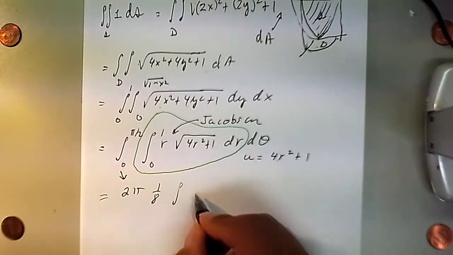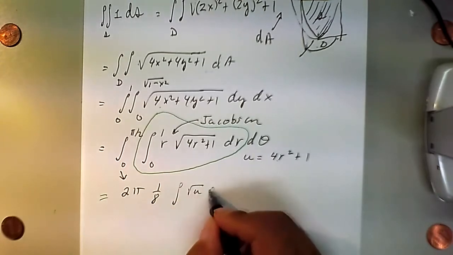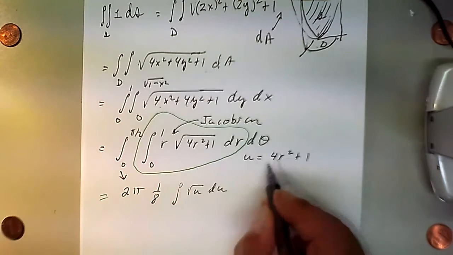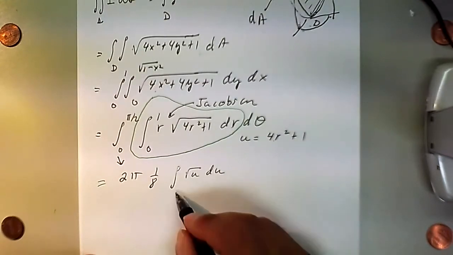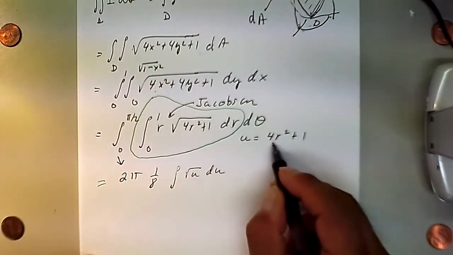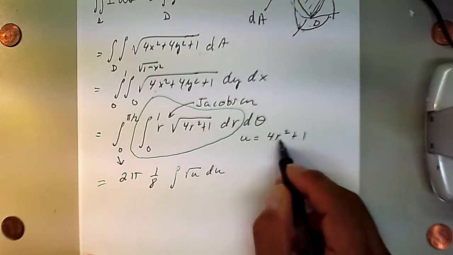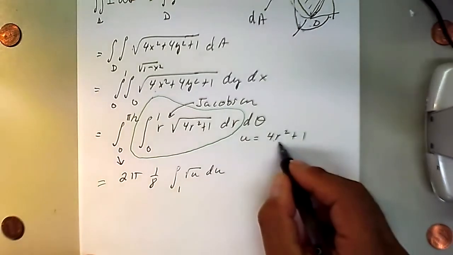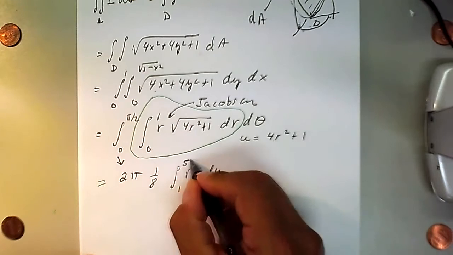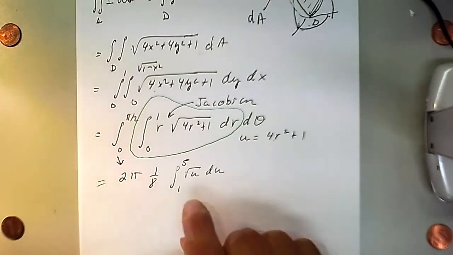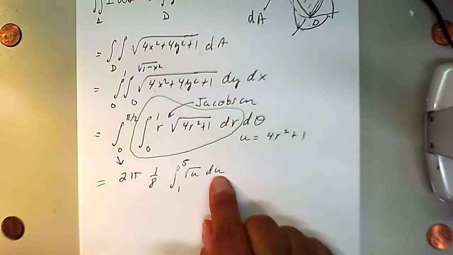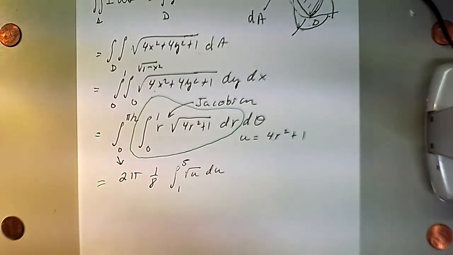And then we have the integral of the square root of u du under this substitution. We're not going to go from 0 to 1 because u goes from 1 when r is equal to 0, and when r is 1, u is 5. Okay, so we go from 1 to 5, root u du, and then we have to simplify this.